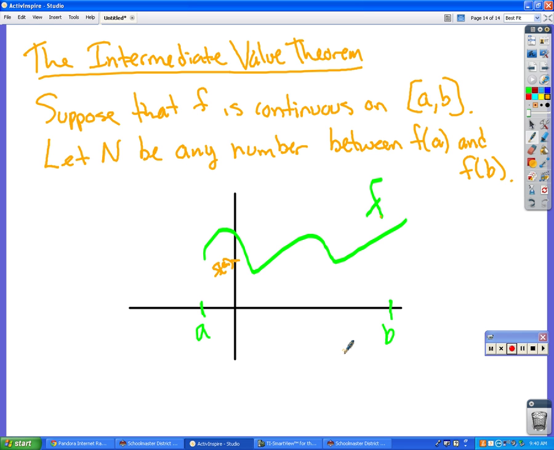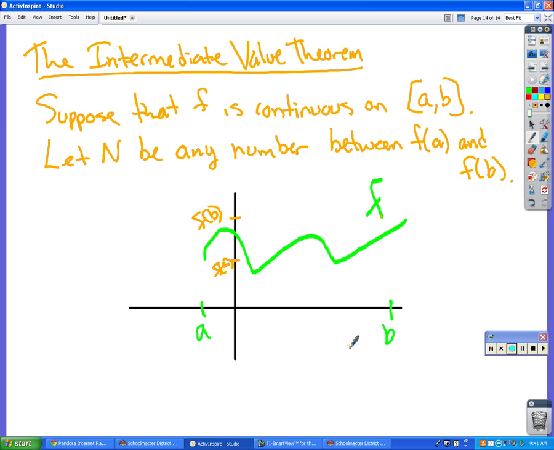There's f of b, and I'm getting f of b if I went over here, straight up to the function, and then straight across. So that y value right there would be f of b. We're going to let n be any number in between f of a and f of b. So it could be any y value in there.